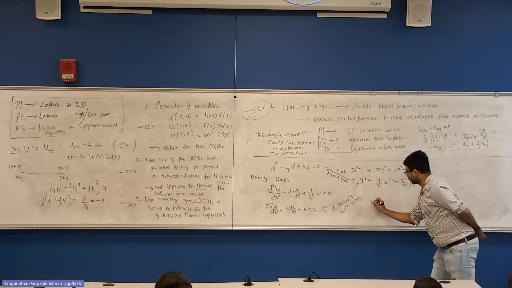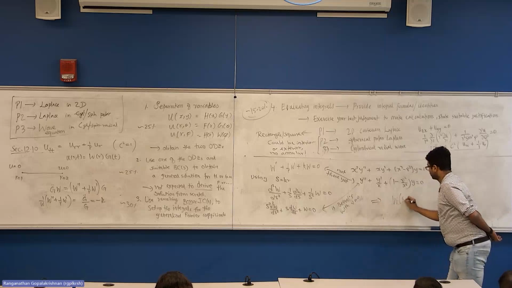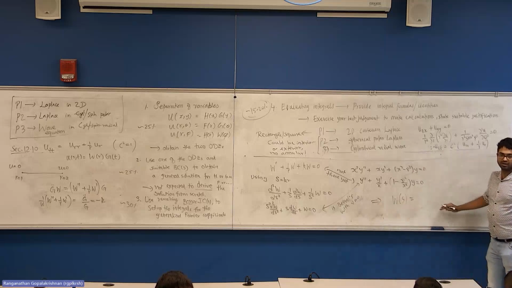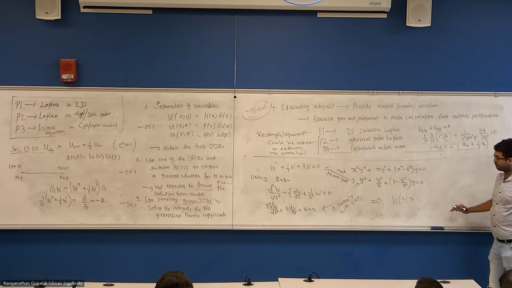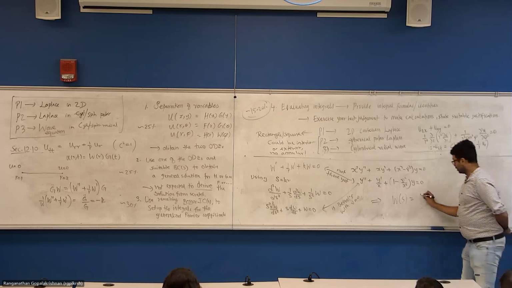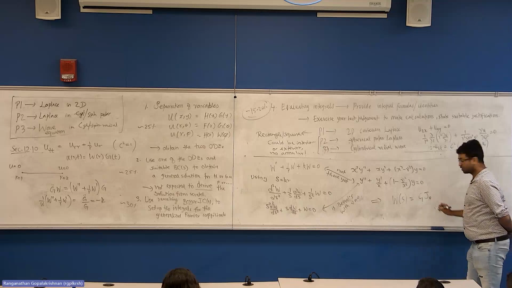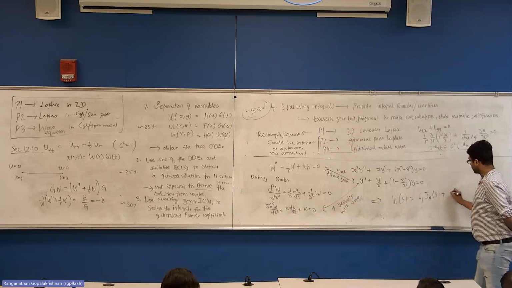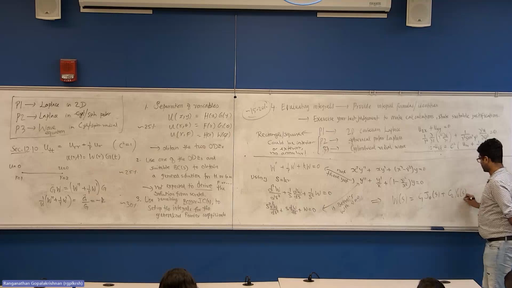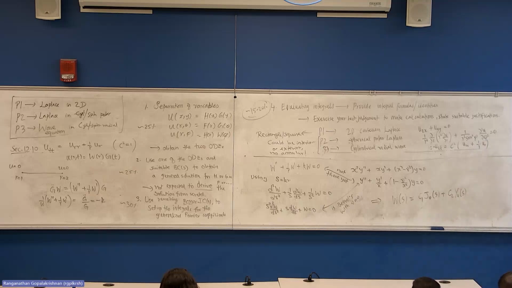The solution for this would be W of S equal to, what will you write here? C1 J0 of S plus C2 Y0 of S. Of course, in the exam, whether it's the exterior or interior of a circle, you can choose C2 equal to 0. What would be the reasoning for that? You know Y0 is infinite at x equals 0.